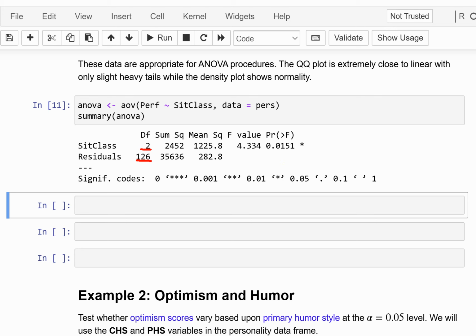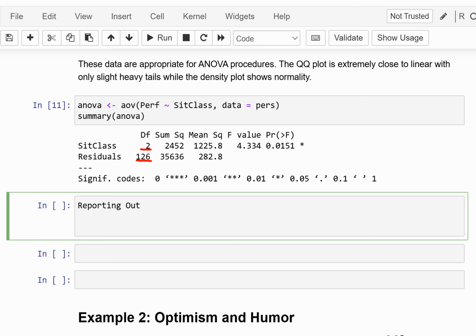Okay, so what are we doing? So basically, in our reporting out for the Anova, we say we reject the null due to the fact that p equals 0.0151, which is less than 0.05, which equals \alpha.